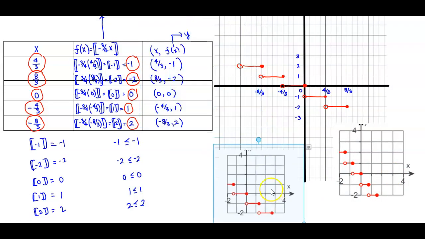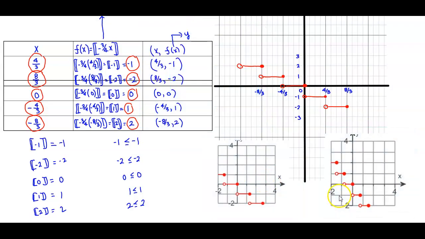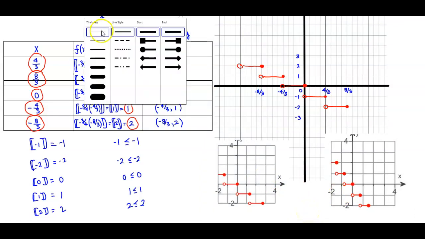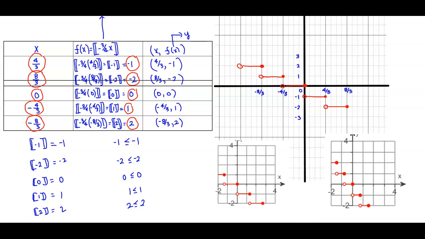Okay, so these are some of the details that you want to pay attention to when you're looking at the graph. If you look down here, this is going from 0, and that's -1, and then this is around a -1.3. Over here, this is 0, and there's -1. Well, if you look at our incremental here, this is -4/3.